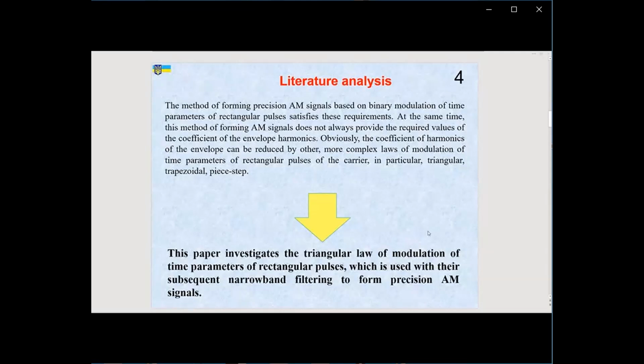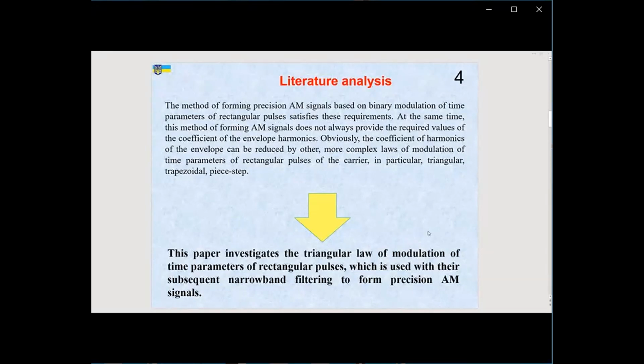Obviously, the coefficient of harmonics in the envelope can be reduced by other, more complex laws of modulation of time parameters of rectangular carrier pulses, in practice triangular, trapezoidal and step.